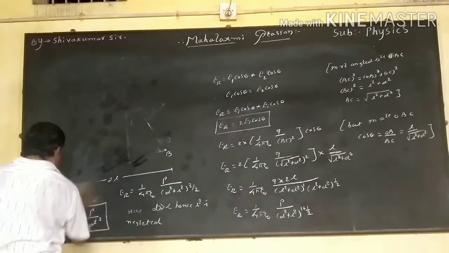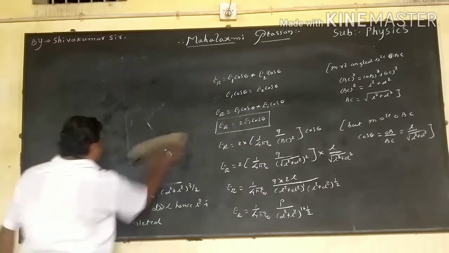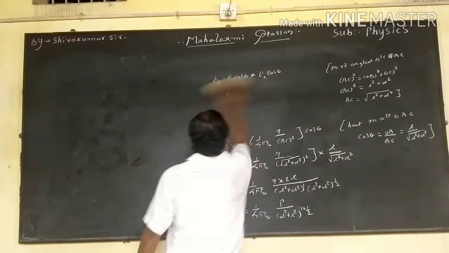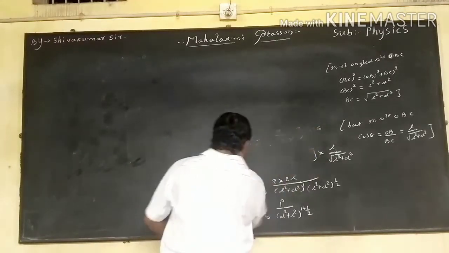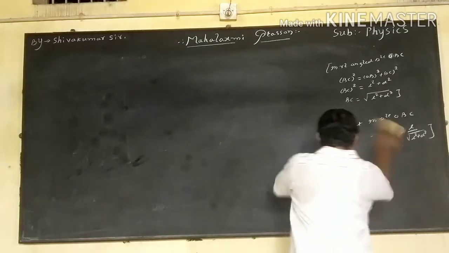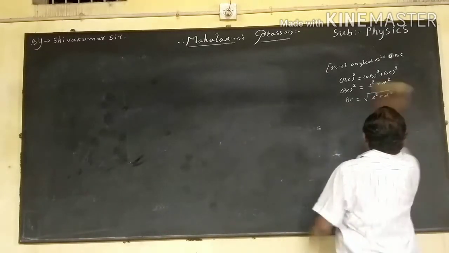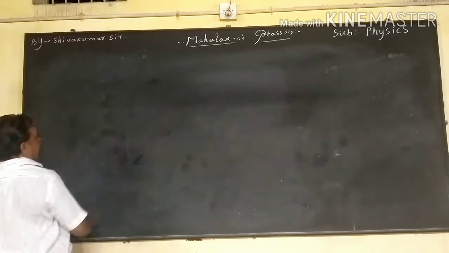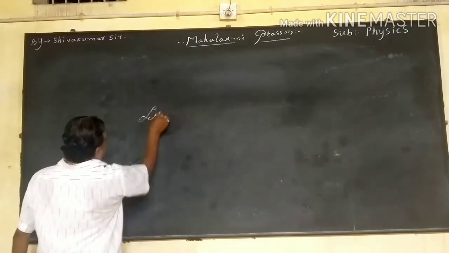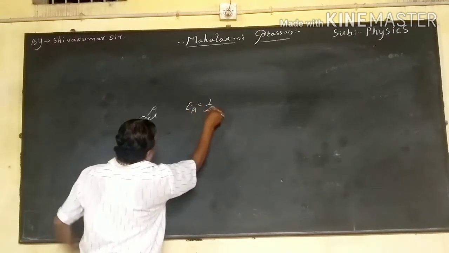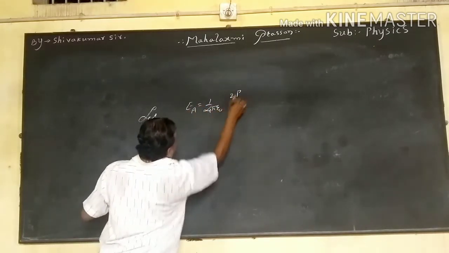Then what does that comparison tell? The electric intensity on the axial line is 1 divided by 4 pi epsilon naught times 2p by d cube, where d is the distance from the center of the dipole.